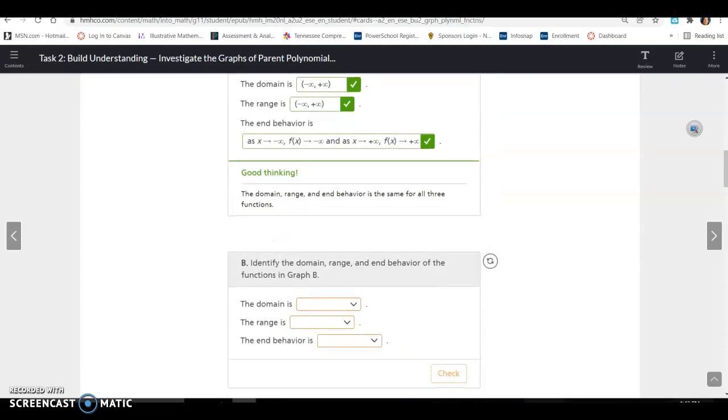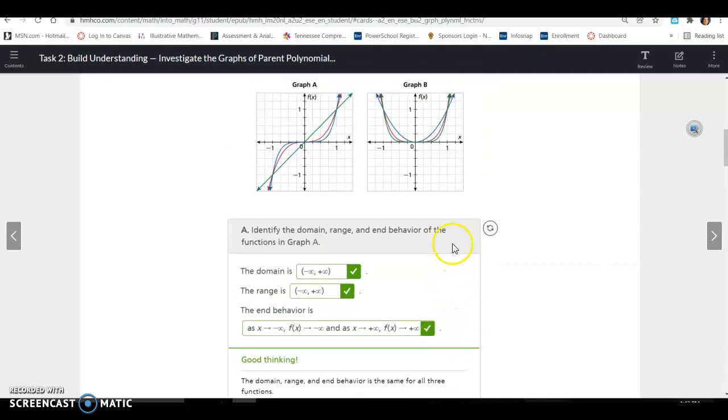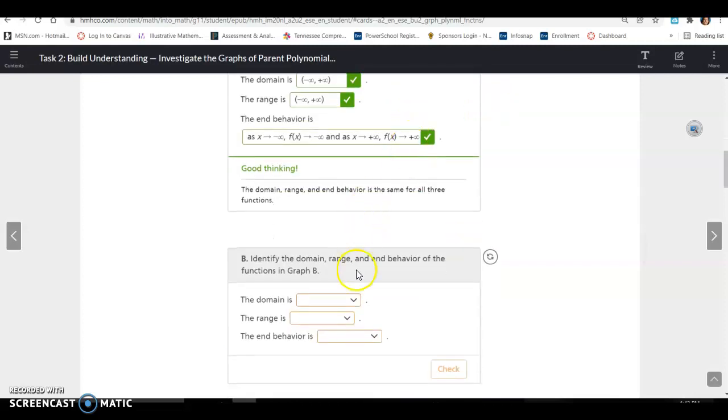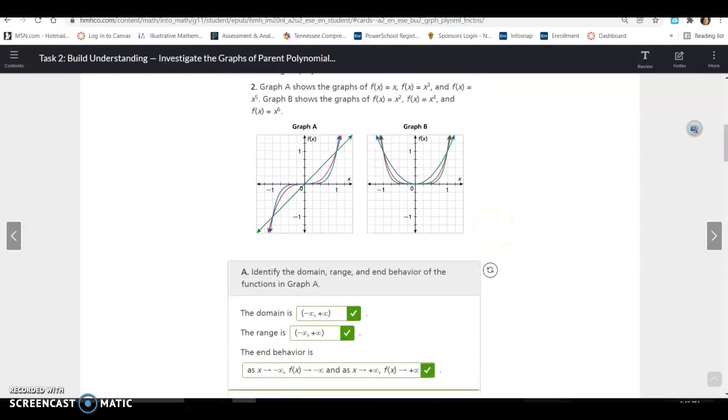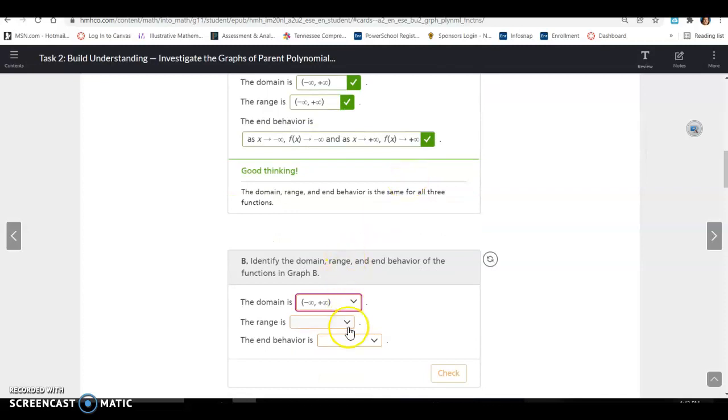All right, so identify the domain, range, and end behavior of all the functions in graph B. You can see the domain goes left and right forever, so that would be all real numbers. The range for each of these is above 0, so you can see that the range will be 0 to infinity.